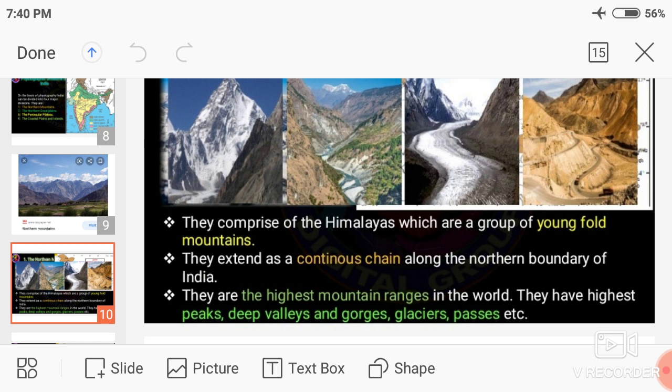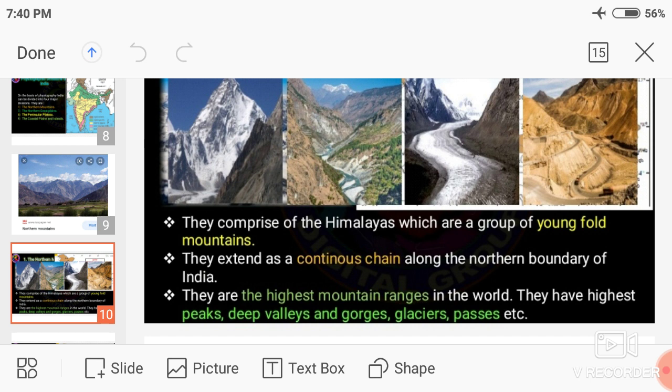Dear students, the northern mountains are young fold mountains. Keep it in mind, the northern mountains are also called young fold mountains. They are the highest mountains in the world.